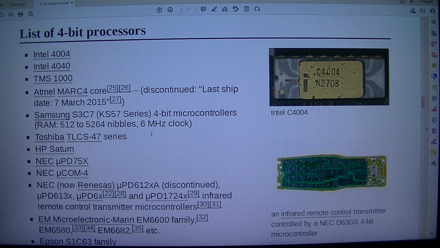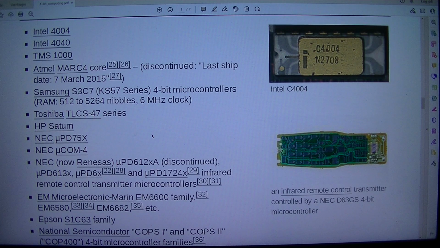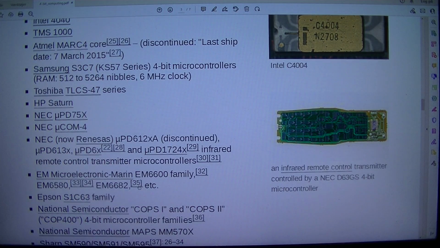NEC PD75X, NEC COM4, NEC, now Renesas, PD612XA, discontinued, PD613X, PD6X, 22, 28, and PD1724X, 29, infrared remote control transmitter microcontrollers, 30, 31.